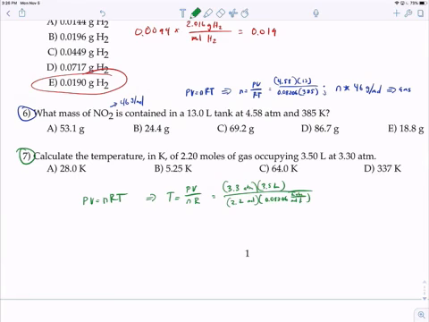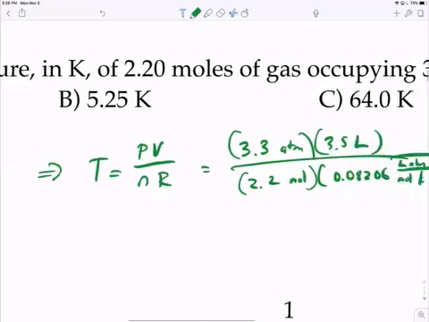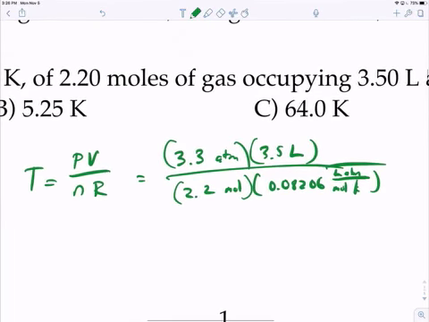Okay, so ideal gas law, solve for temperature, plug in the numbers like so to get the temperature. Questions with this one?